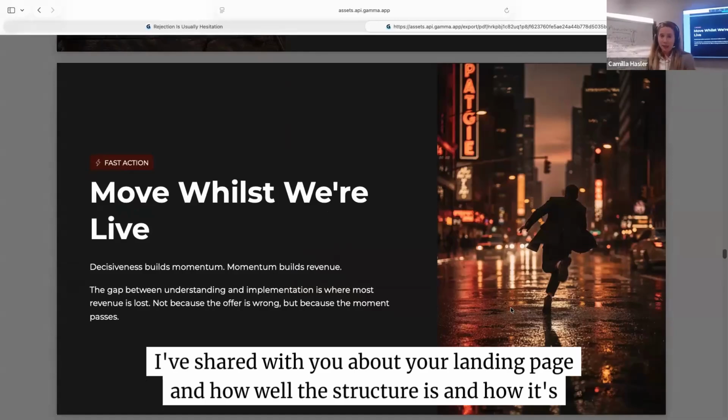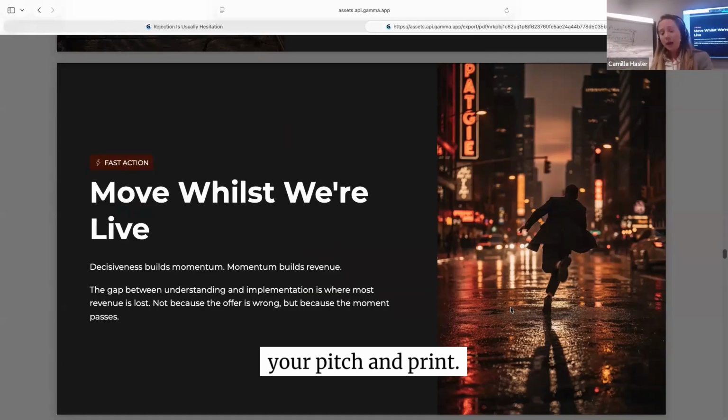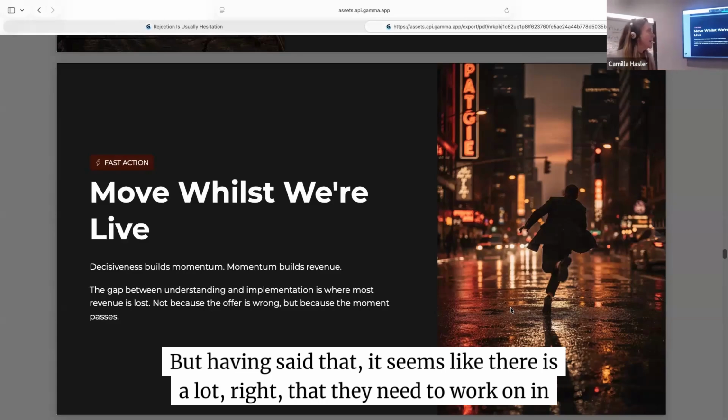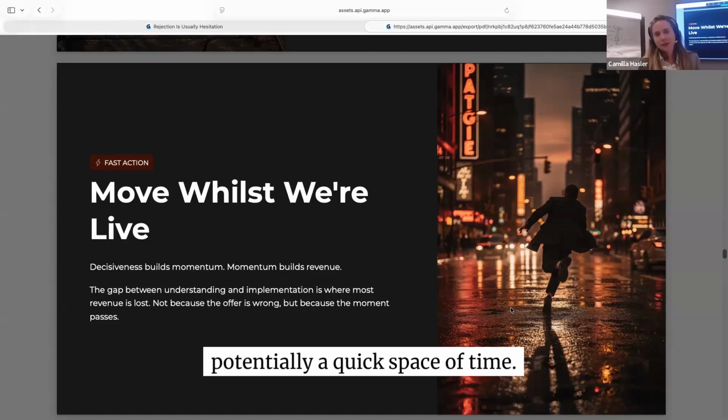I've shared with you about your landing page and how important the structure is and how it's your pitch in print. But who here is feeling like, okay, I completely understand theoretically how this works and how this applies. But having said that, it seems like there is a lot that they need to work on in potentially a quick space of time.